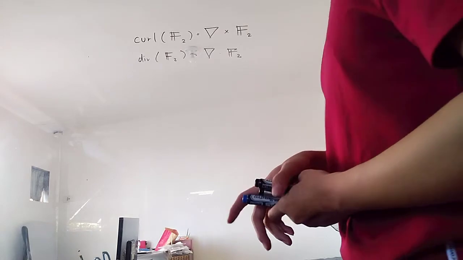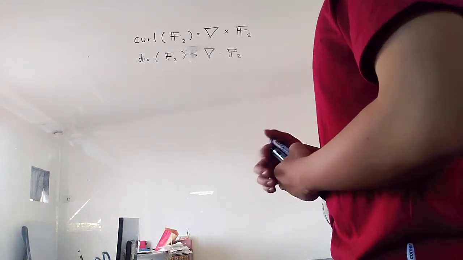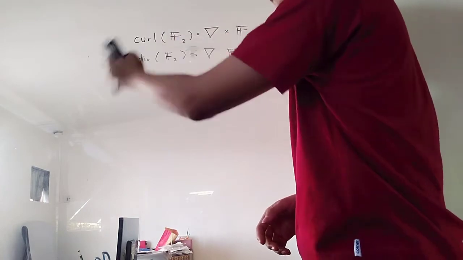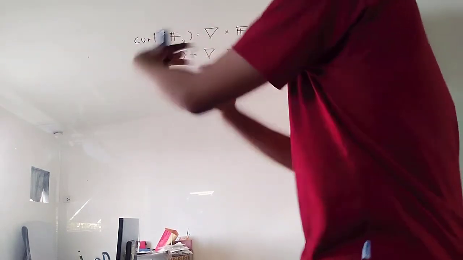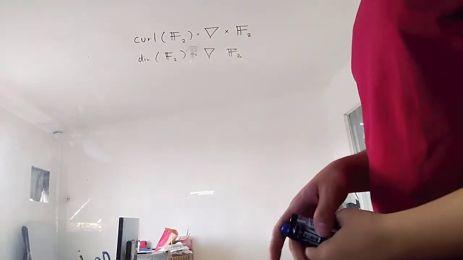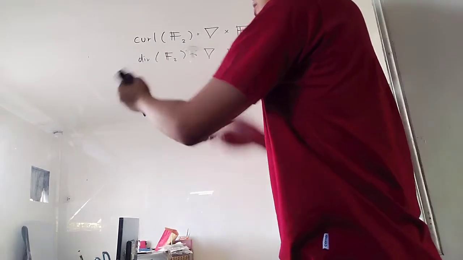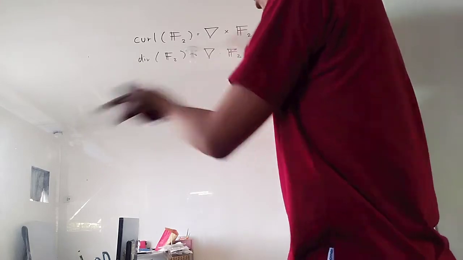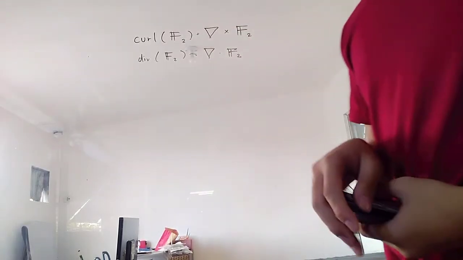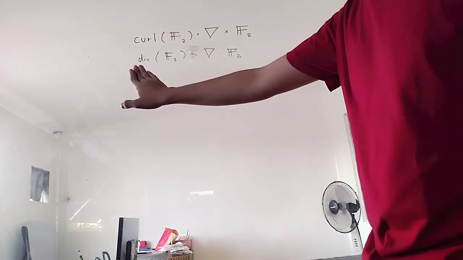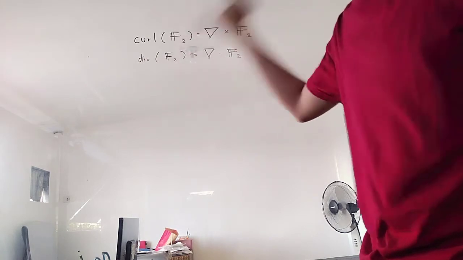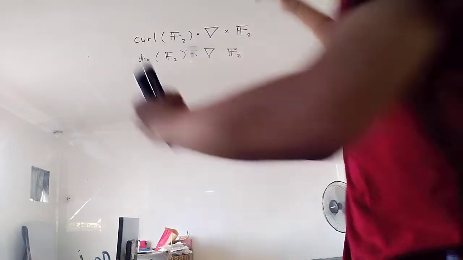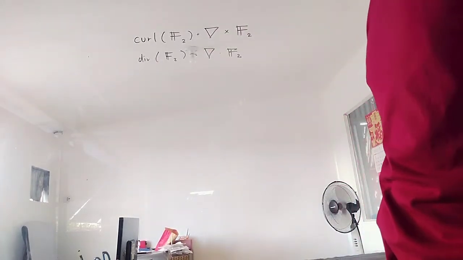And so now, as I said, given a vector field, our curl tells us how much points rotate around the point. And divergence tells us the rate at which vectors move away from a point, right? So if it has positive divergence, it means that vectors move outward, and if it's negative, we have a convergence, so points move inwards.